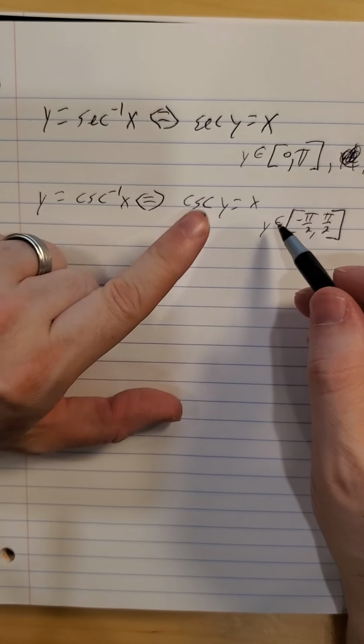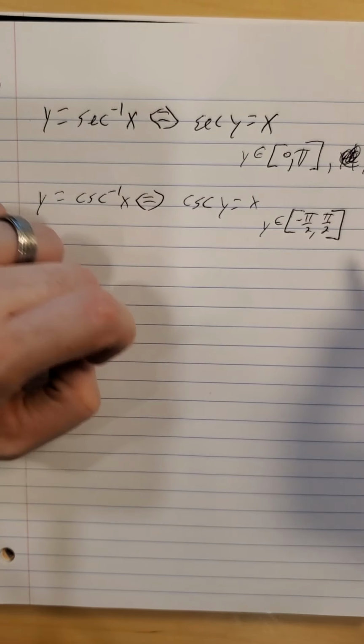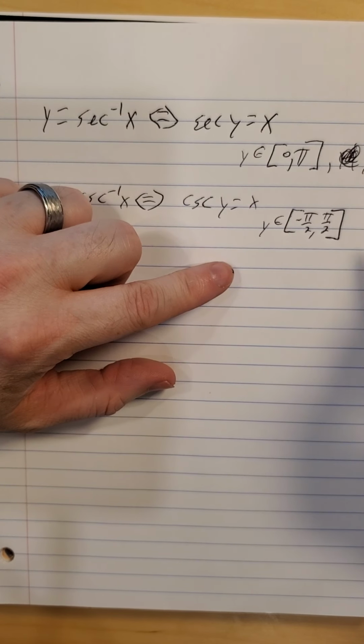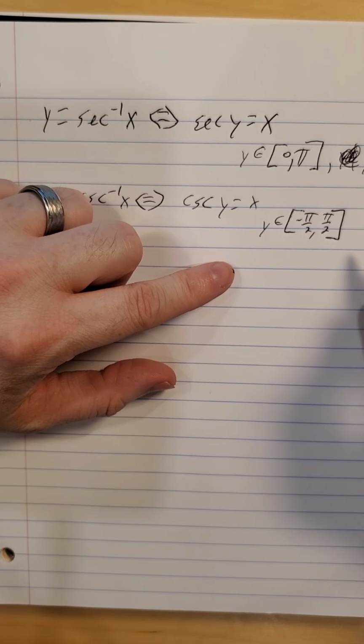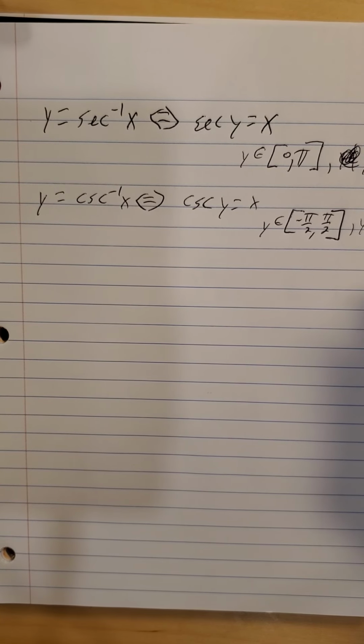Recall also cosecant being a reciprocal of sine. We don't want sine to be 0. Where on this interval is the sine 0? Well, that would be at y equals 0. Sine of 0 is 0, so y is non-zero here.